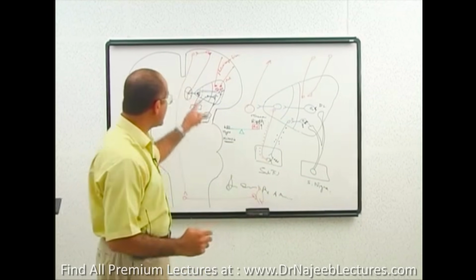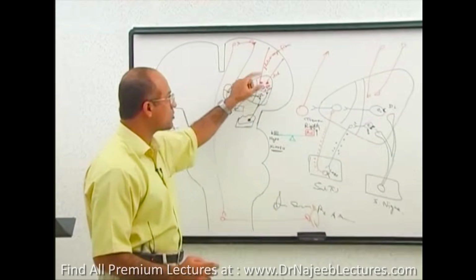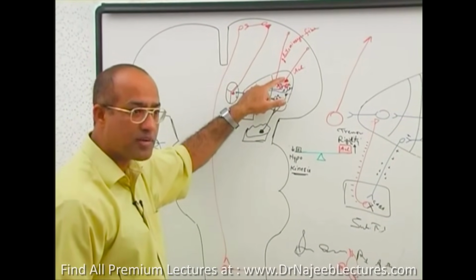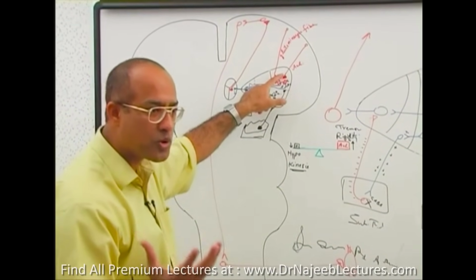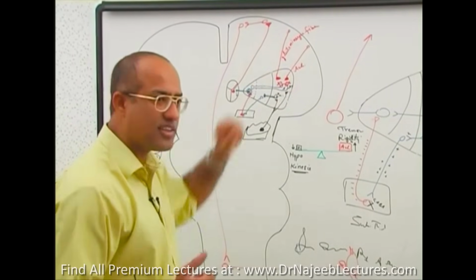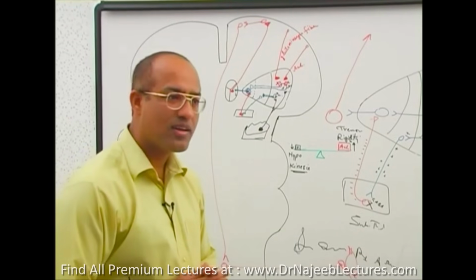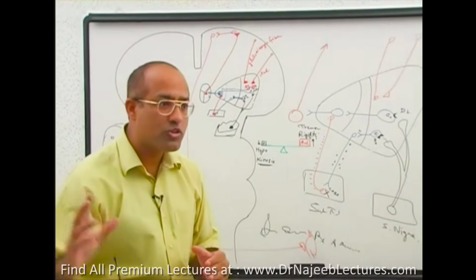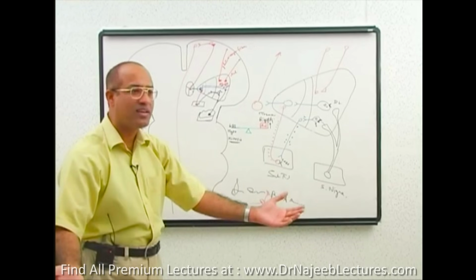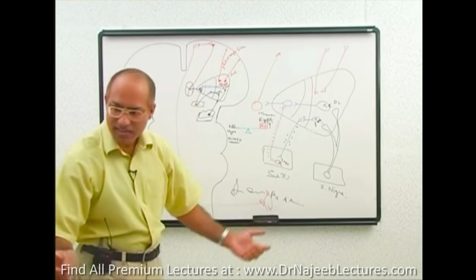This is the motor program library here, especially in the caudate nucleus and putamen. This is a motor program library. When some pathologies occur in these areas, what happens? Thousands of motor programs start running automatically, as thousands of books are open needlessly. Is that right?